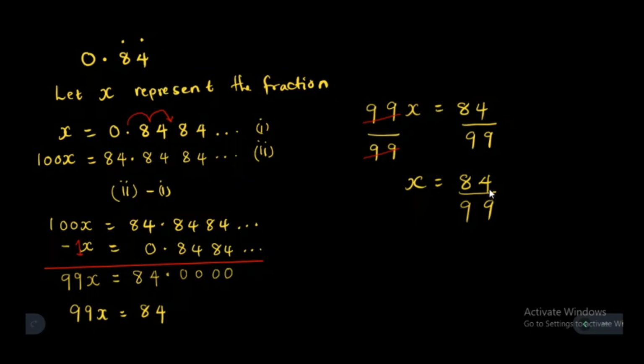How about 3? 84 and 99 are both divisible by 3. So 3 divides 84 how many times? 3 goes into 8 2 times, and 2 times 3 gives you 6.